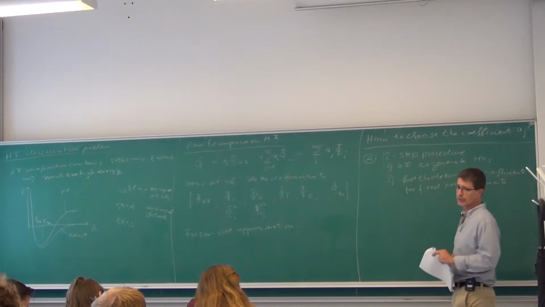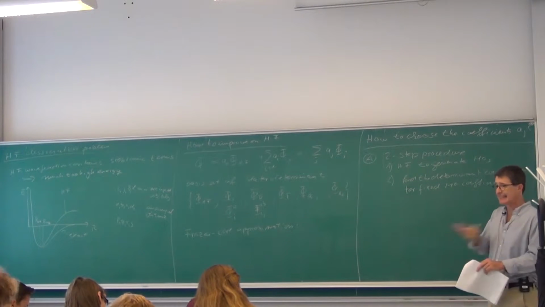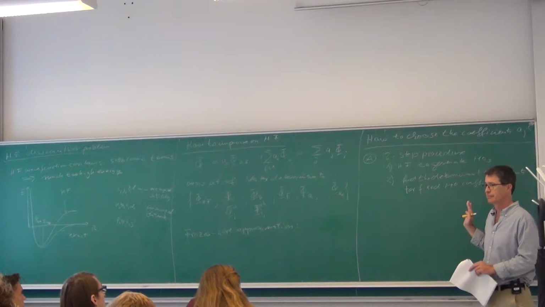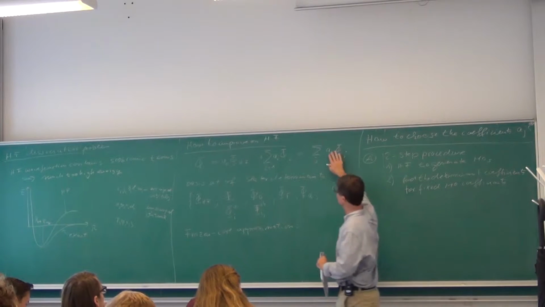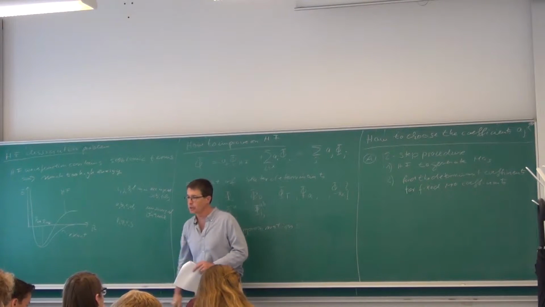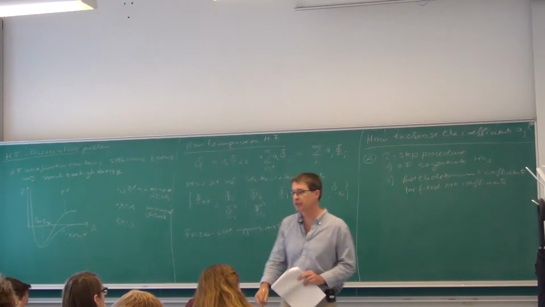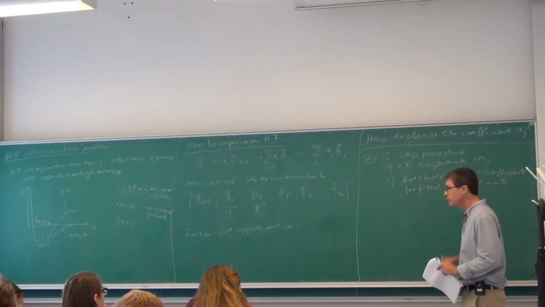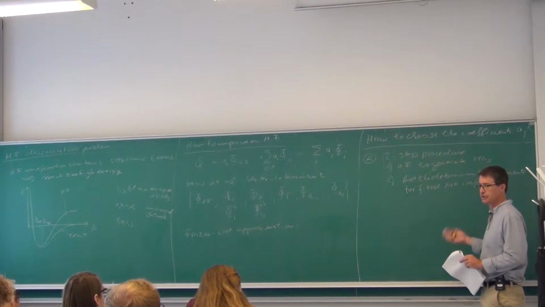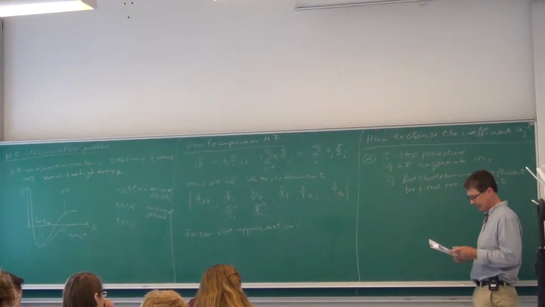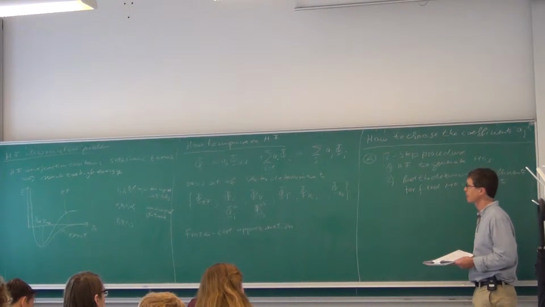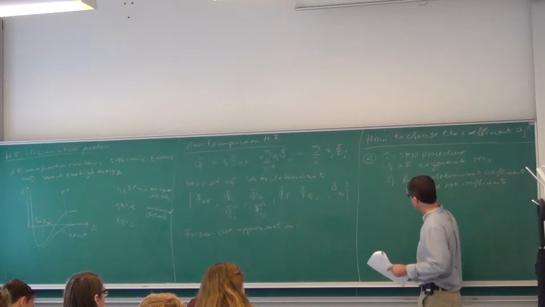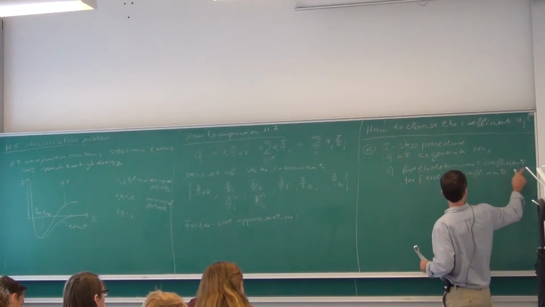So we choose the MO coefficients by doing Hartree-Fock, and then we keep them. In all these procedures, in order to find those determinant coefficients or configuration coefficients, we don't readjust the orbitals any longer. We use the ones which we have. Take it or leave it. So we only play with those AJs.